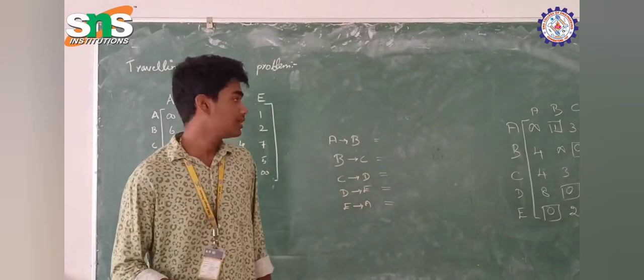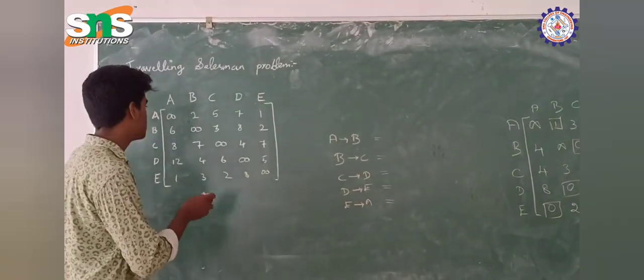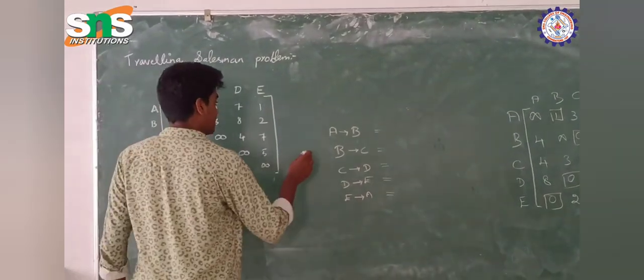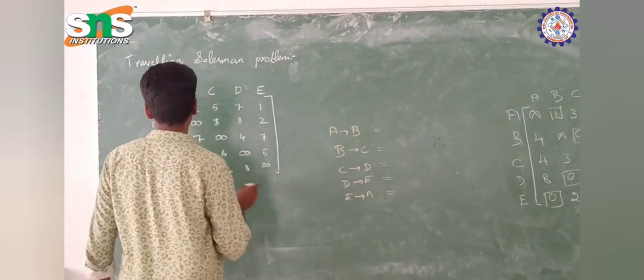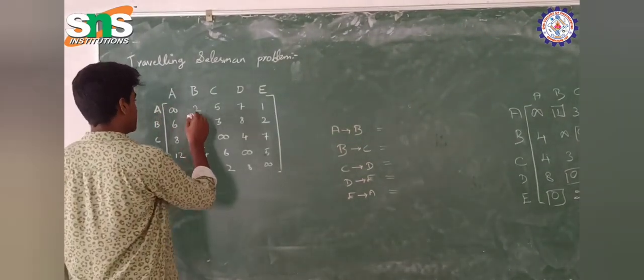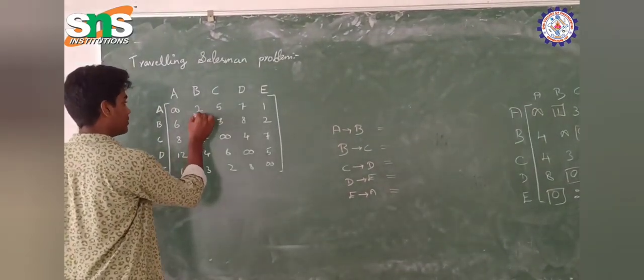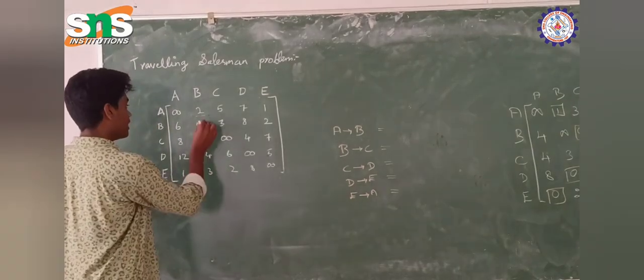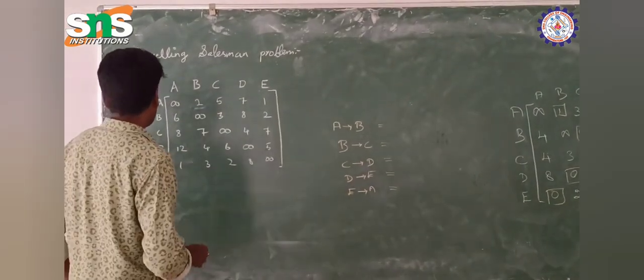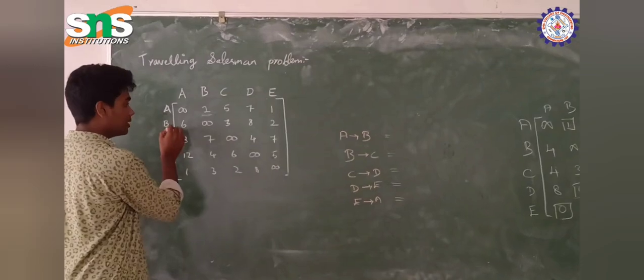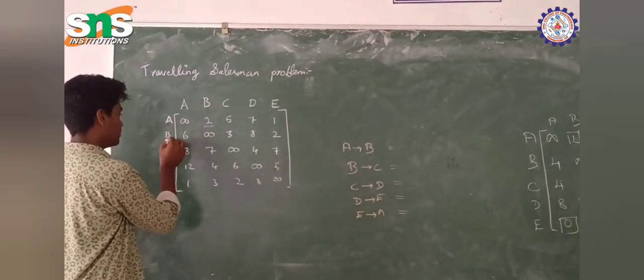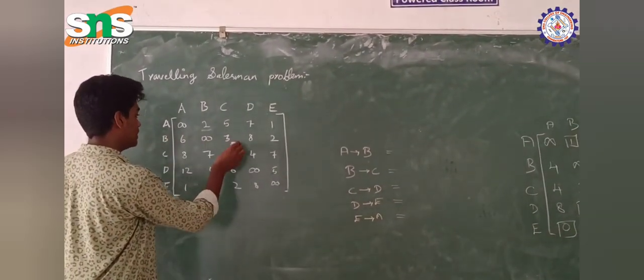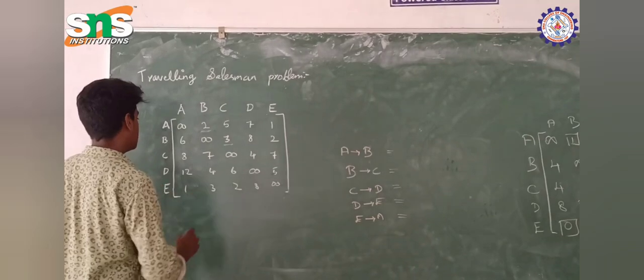So to find the answer, we have to go through this step, and first we are considering A to B. So in the A row we are taking the B column. So we have the element 2. So we are highlighting it. So next step, B to C. So we are considering B to C. So we are highlighting 3 here.